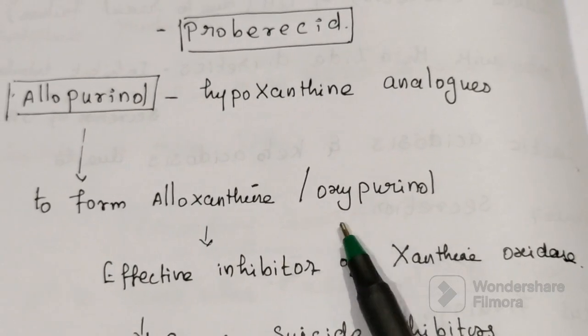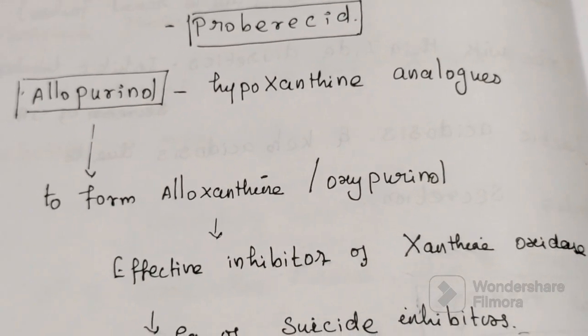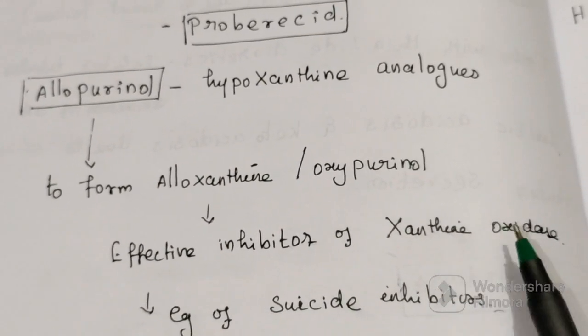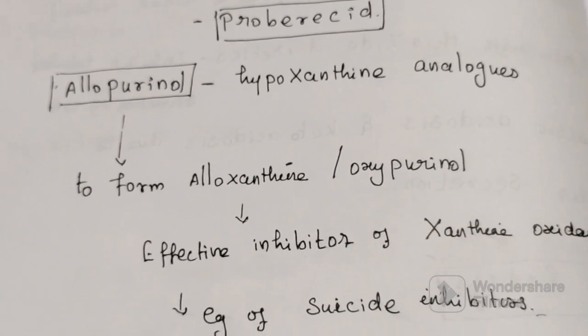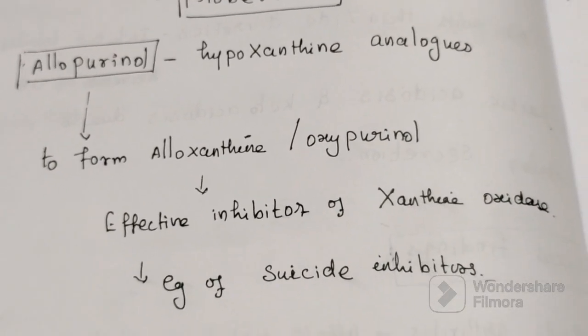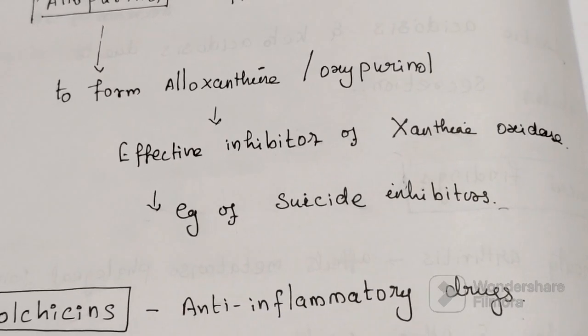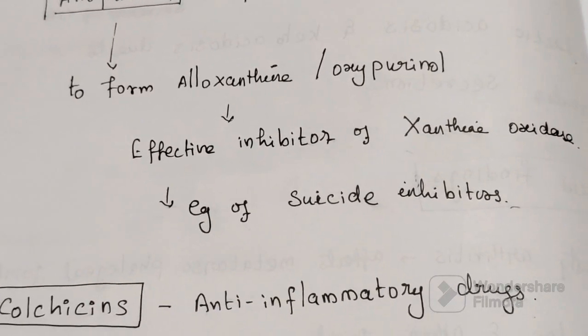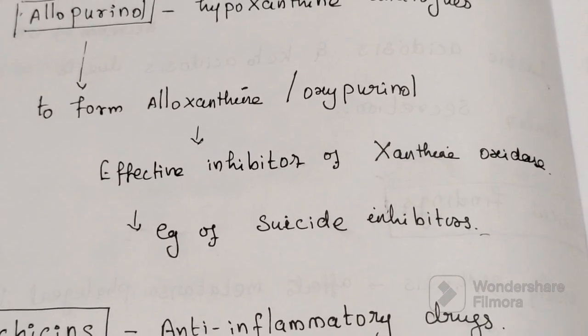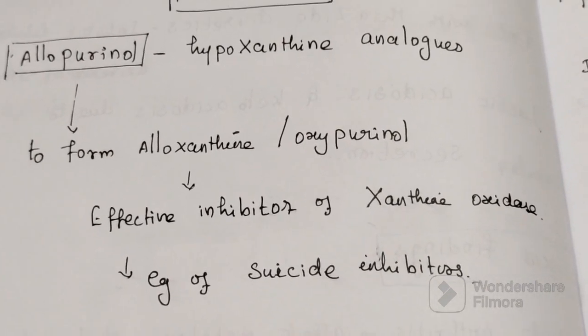Now this alloxanthine is an effective inhibitor of xanthine oxidase. So this is an example of suicide inhibitors. When xanthine oxidase is inhibited, uric acid is not formed. This is the mechanism of action.